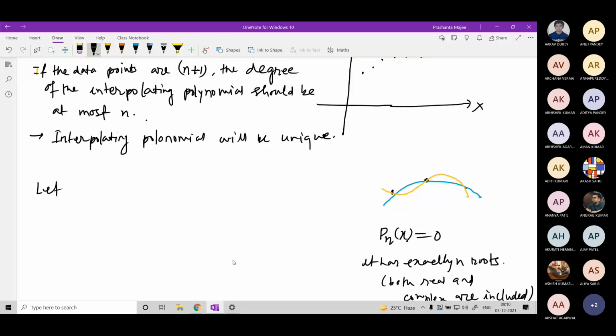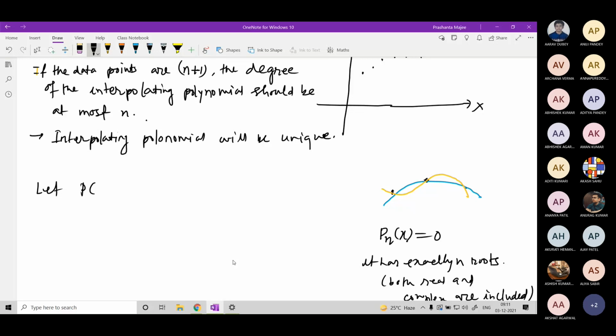Suppose all the data points are exactly linear, then the polynomial will be of degree 1. So it does not matter how many data points are there. So by at most n degree polynomial. Suppose there is more than one at most n degree polynomial.